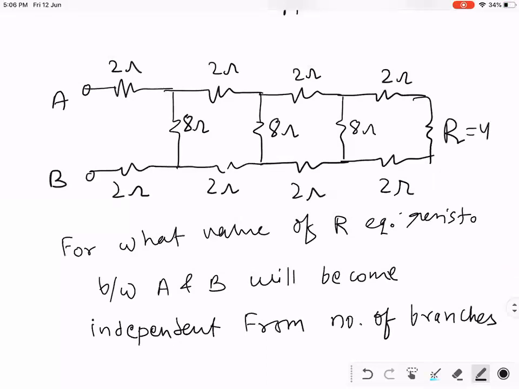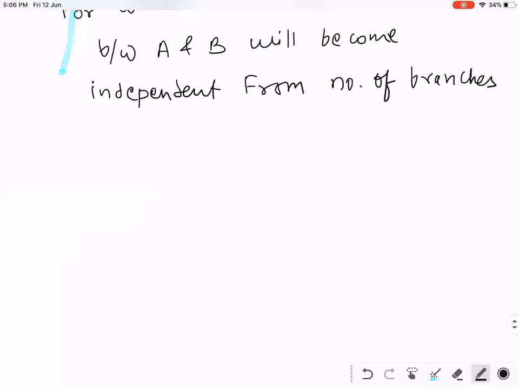Correct, 4. So when you put R equal to 4 ohm, it will become independent of the number of branches. Understood? Easy question. I believe there is no doubt in this question. Like this, we can solve lots of questions. We have a big variety of questions like this. I can keep giving you questions, not a big deal. But let's change the pattern a little bit.